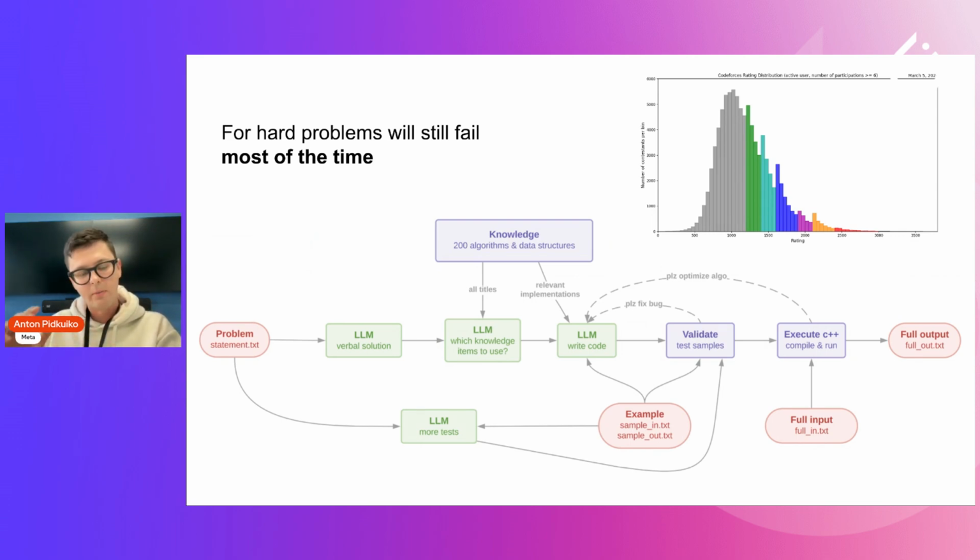But the harder the problem is, the higher the chance that something will go wrong. Either the code will have a bug, or if the synthetic tests are not valid, then the whole thing will fail. So for very hard problems, the system still fails most of the time.